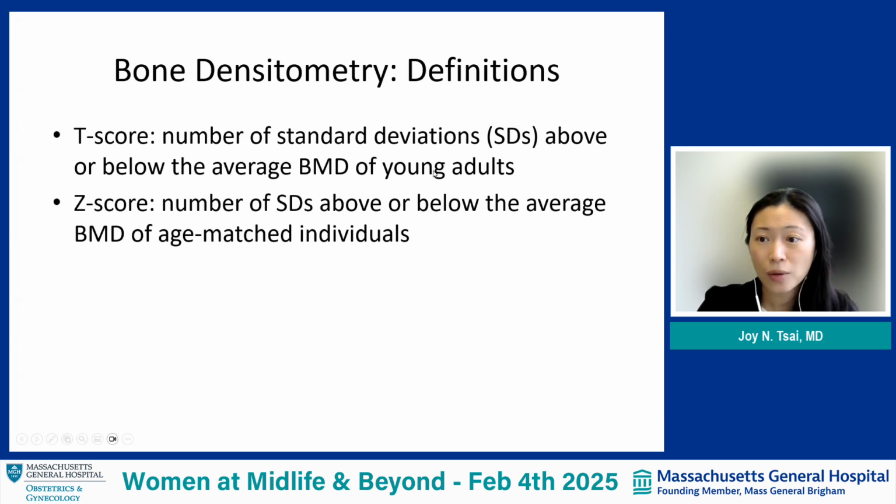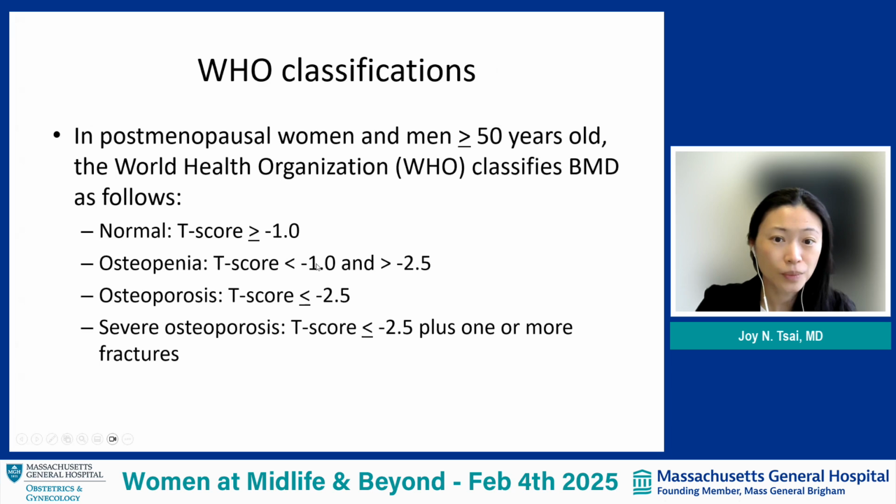A Z-score is a number that people find of interest. Oftentimes a patient will come in with their report and say, well, I want to see how I compare to my friend, to my sister, someone who's of similar age. A Z-score is the number of SDs above or below the average bone density of an age-matched individual.